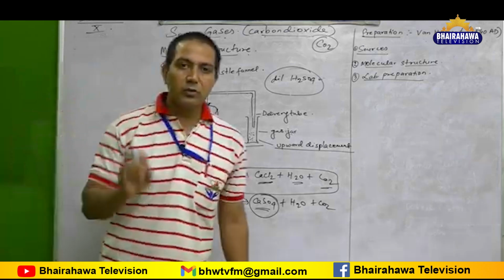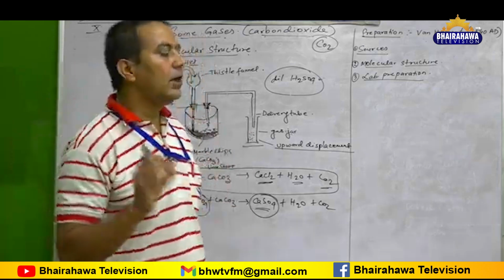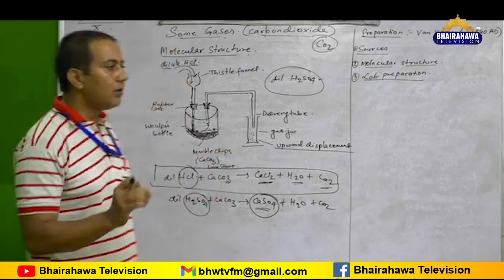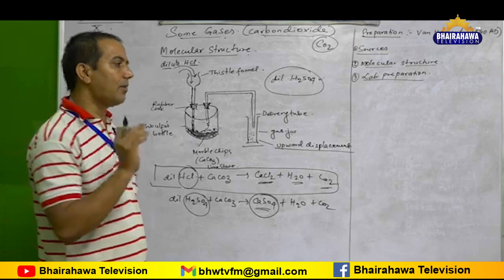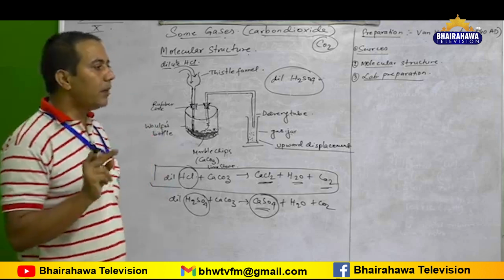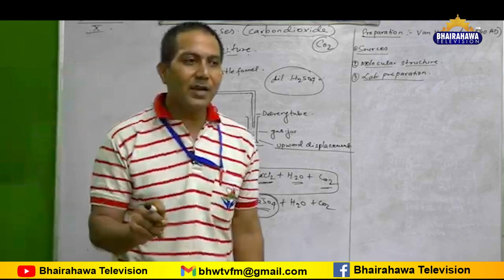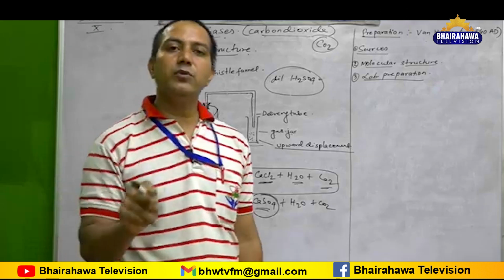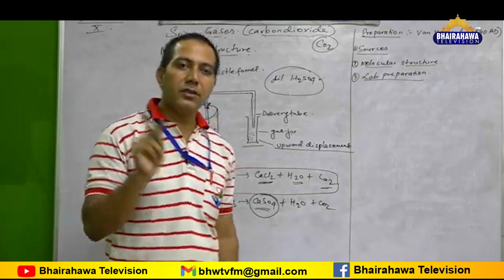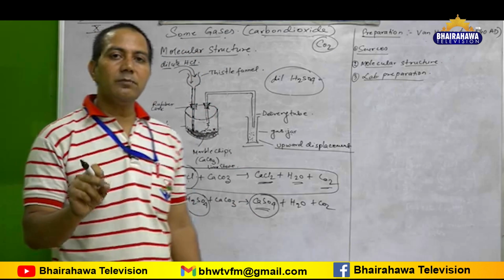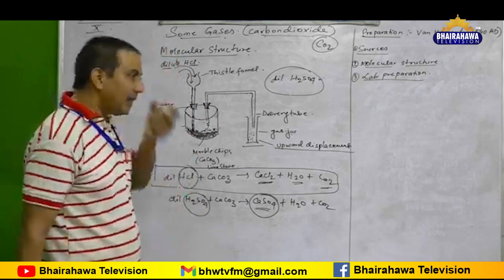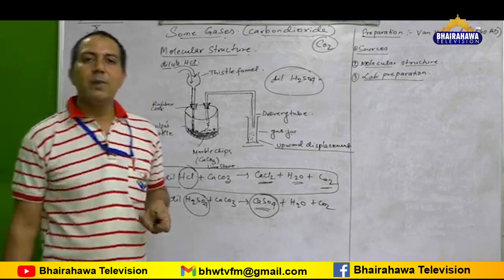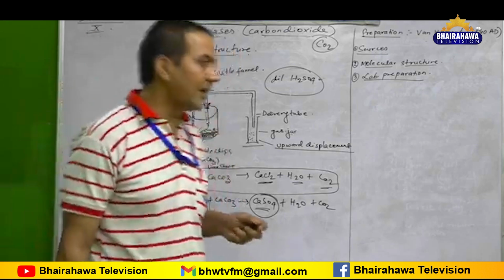So, we come to know two things. One, in the laboratory dilute hydrochloric acid and marble chips are used to form carbon dioxide. Another, instead of HCl we cannot use H2SO4, because it forms an insoluble salt that stops the reaction between marble chips and acid.